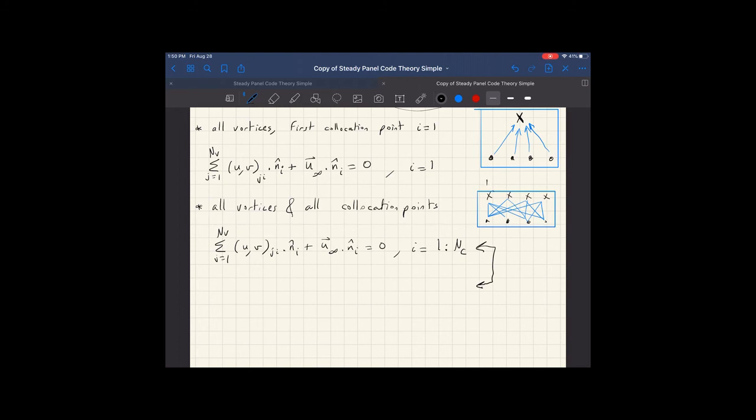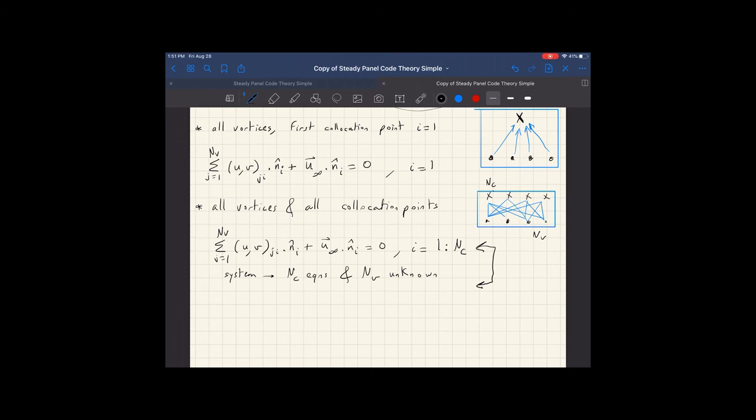If you have NC collocation points and NV vortex points, you will end up with a system where you have NC equations and NV unknowns, because essentially the vortex strength of each vortex point is the unknown parameter.